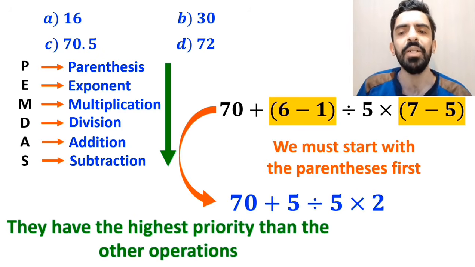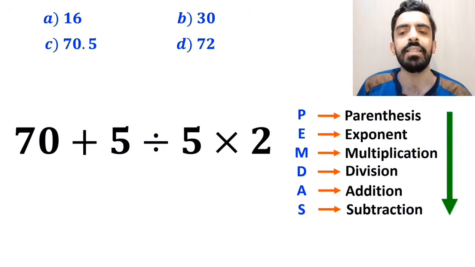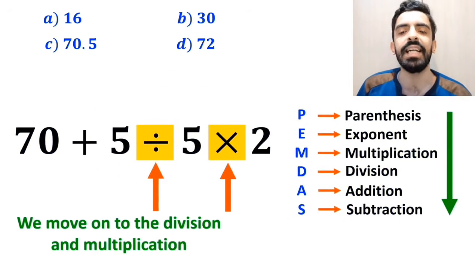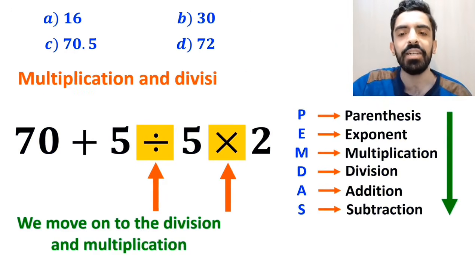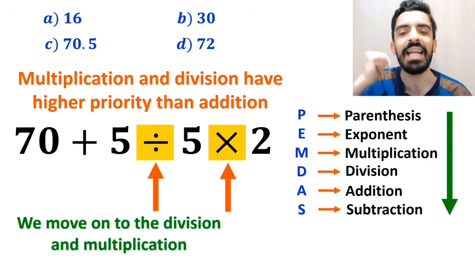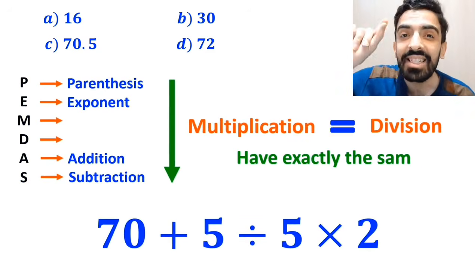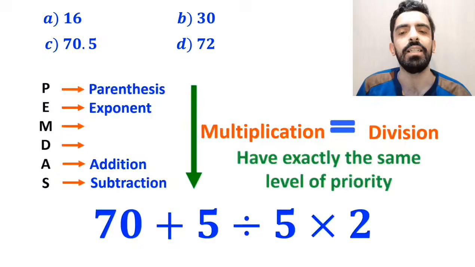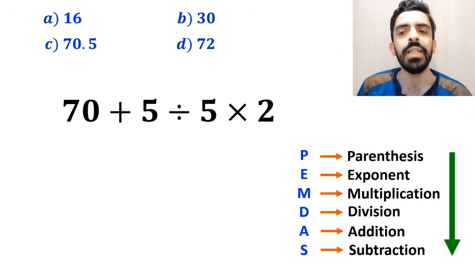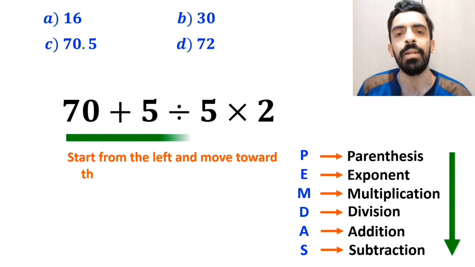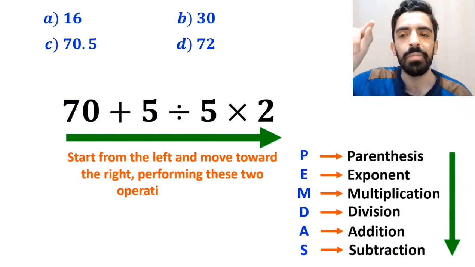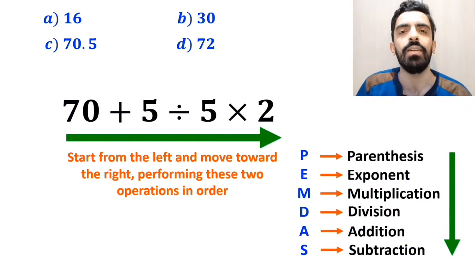So, this expression simplifies to 70 plus 5 divided by 5 multiplied by 2. In the next step, we move on to the division and multiplication, because multiplication and division have higher priority than addition. However, it's really important to understand that multiplication and division have exactly the same level of priority. In this situation, the best approach is to start from the left and move toward the right, performing these two operations in order.